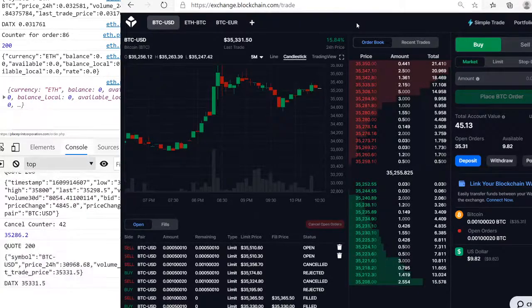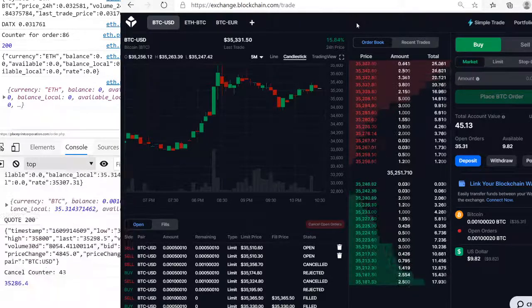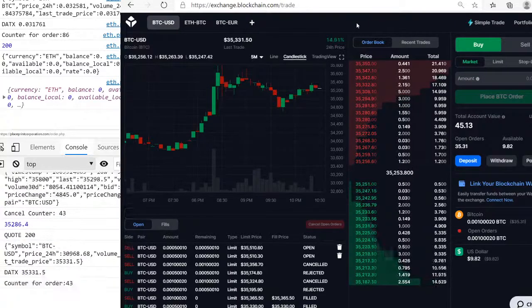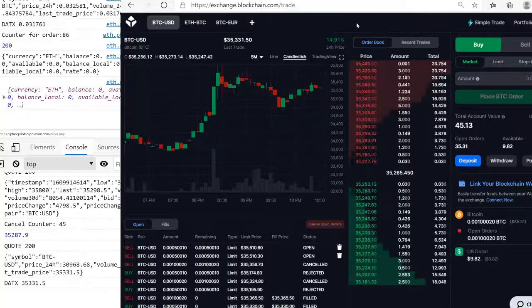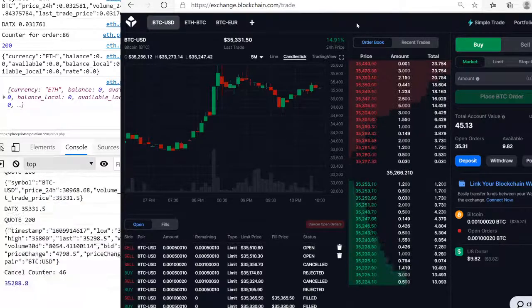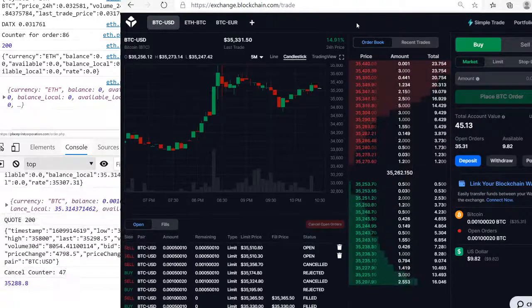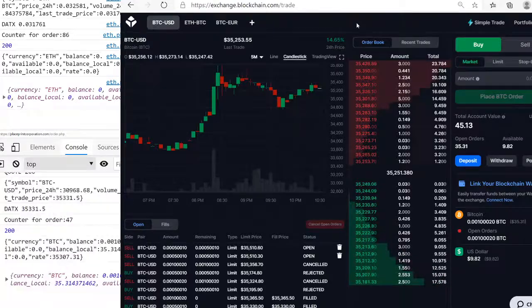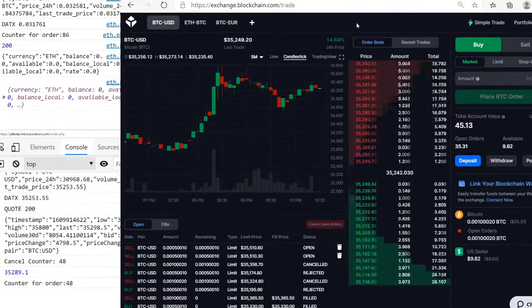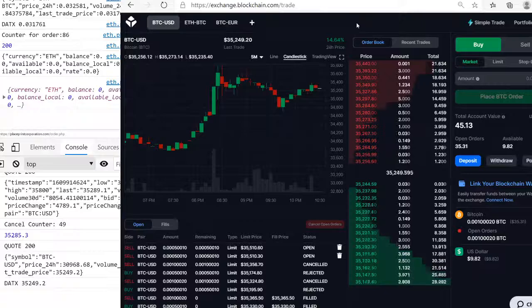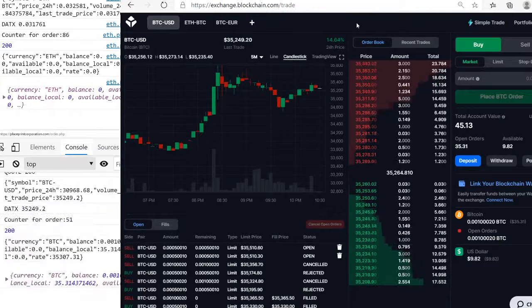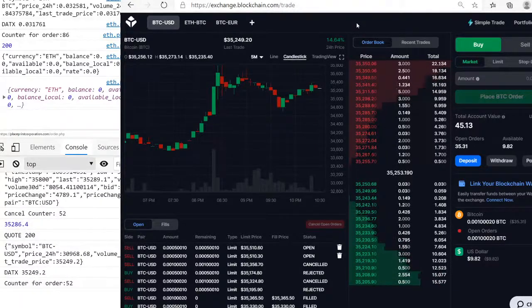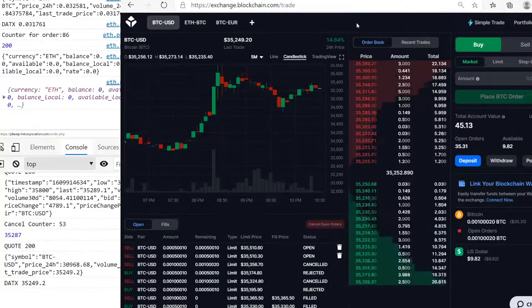What are we looking at? What's the amount? 45.13 minus 45.02. It's 11 cents divided by 45.02. Bidding now 35,250.68.